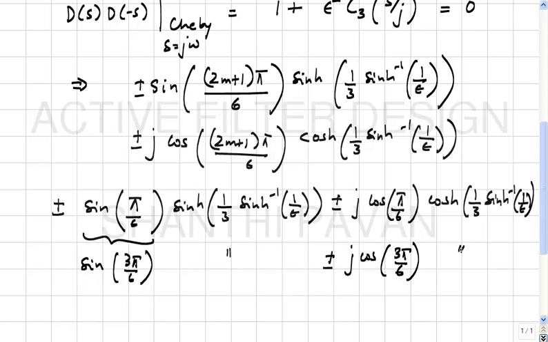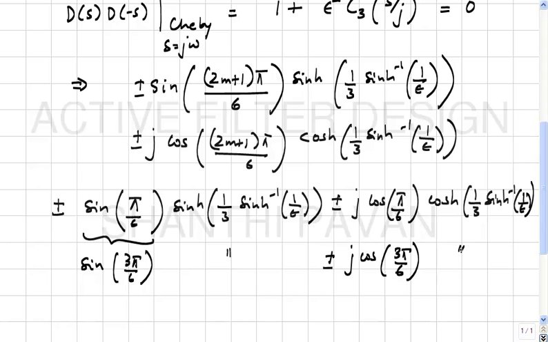Yes, but then you go across the entire circle. So if you end up with a plus jb, you will end up with minus a plus jb, minus a minus jb, and a minus jb. So all the four. If you get this, then you must end up with this, and this. This is because of real coefficients.